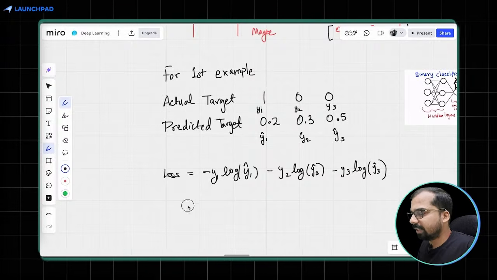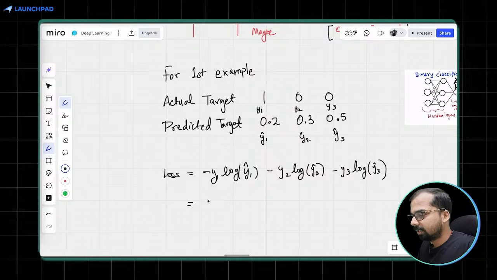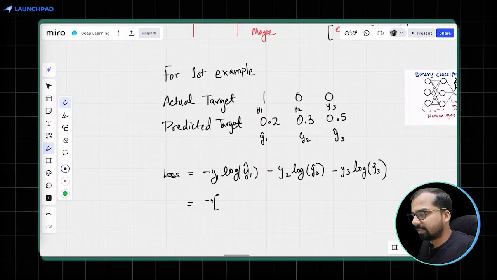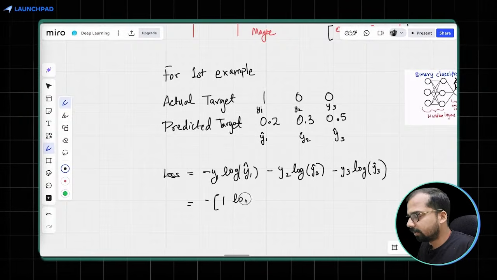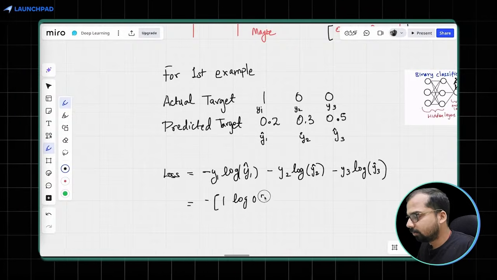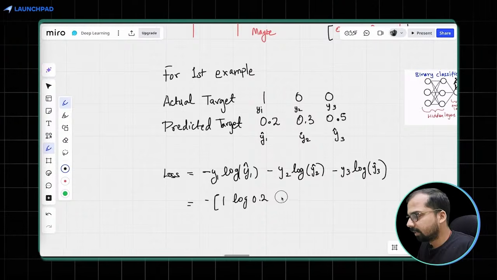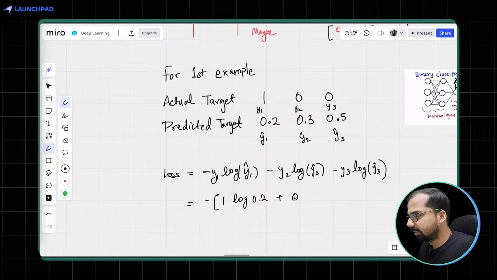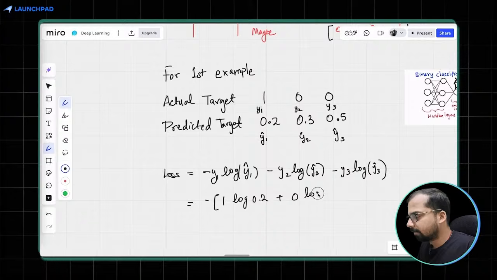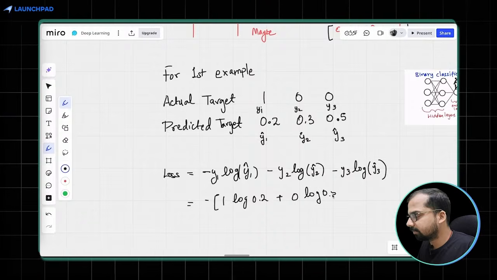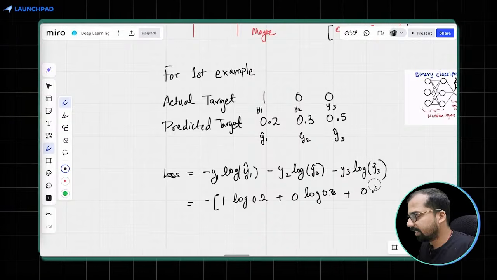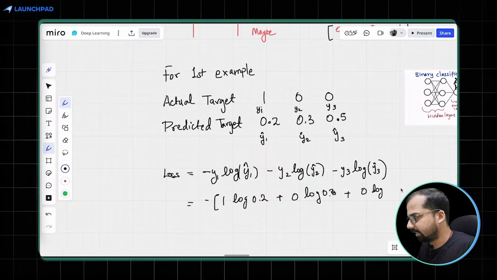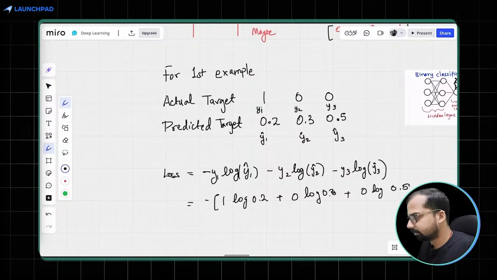So let's put these values in. Let me take the minus sign outside. Y1 is 1, log Y1 hat is 0.2, plus Y2 is 0 times log 0.3, plus 0 again times log y3 hat, where y3 hat is 0.5.